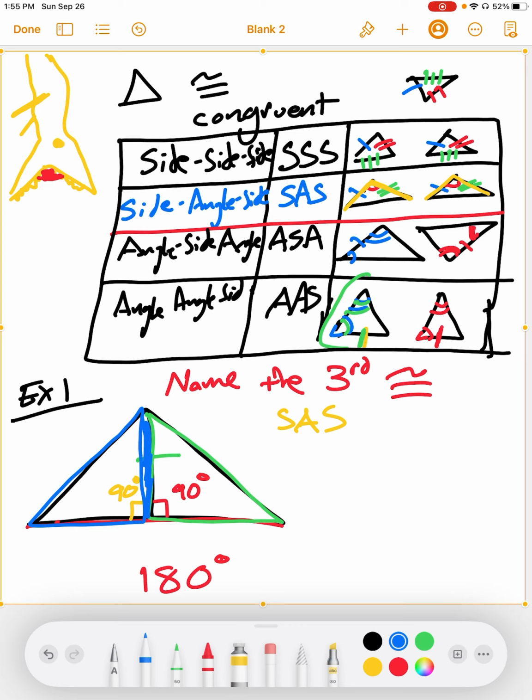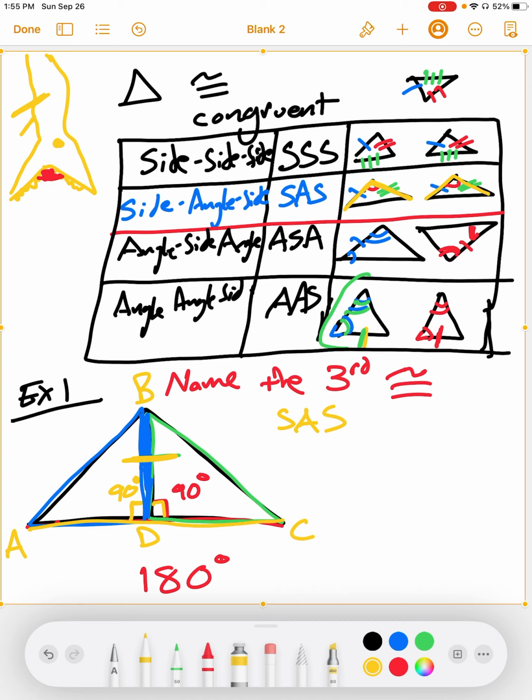They share that middle side. So the middle side has to be congruent to itself. We don't need to mark that, that's just a known fact. We also know that these angles are congruent. Again, that's a known fact because one of them's 90, the other side has to be 90, if it's a straight line.